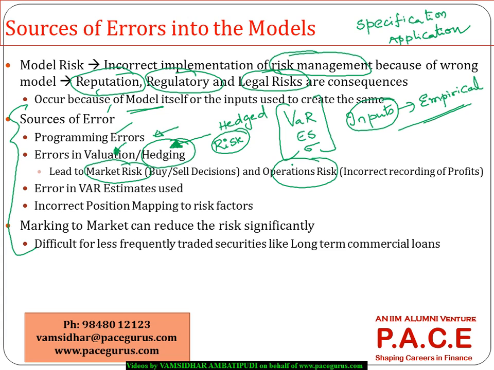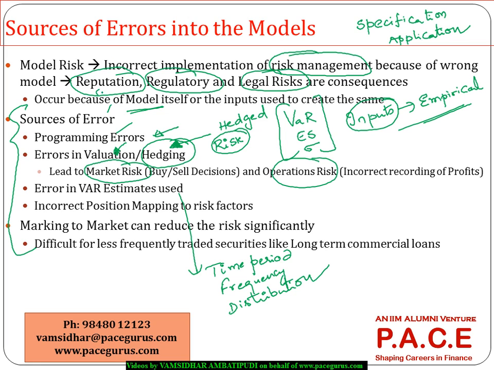And the estimates that are used to compute the VAR, especially the time period which I am using, the frequency of the data that I am using, the underlying distribution that I am using, the distribution of the asset prices and returns I am using to model the VAR. So the errors could crop up even at that layer, which could be a flaw to our model. Even that thing really needs to be understood.